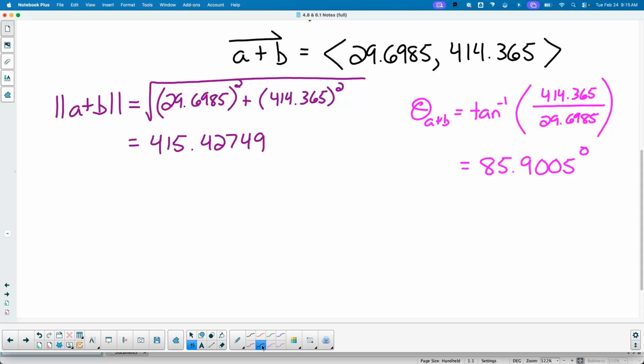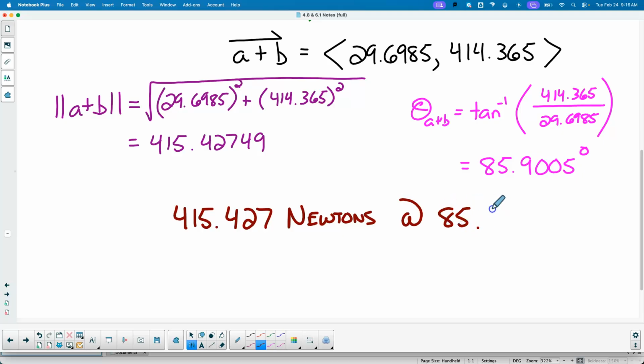So the result would be 415.427 newtons of force, at an angle of 85.901 degrees, would be the resultant bearing and magnitude. Questions on that?